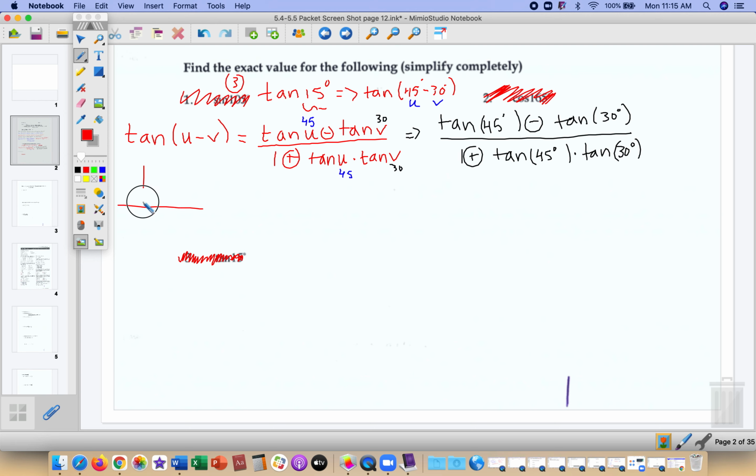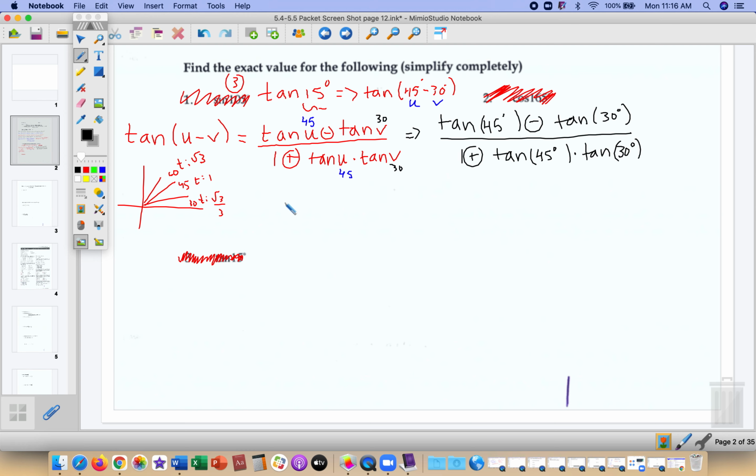If we come over to the unit circle, we have 30, 45, 60. So the tangent at 30 is root 3 over 3. Tangent at 45 is 1. Tangent at 60 is root 3.